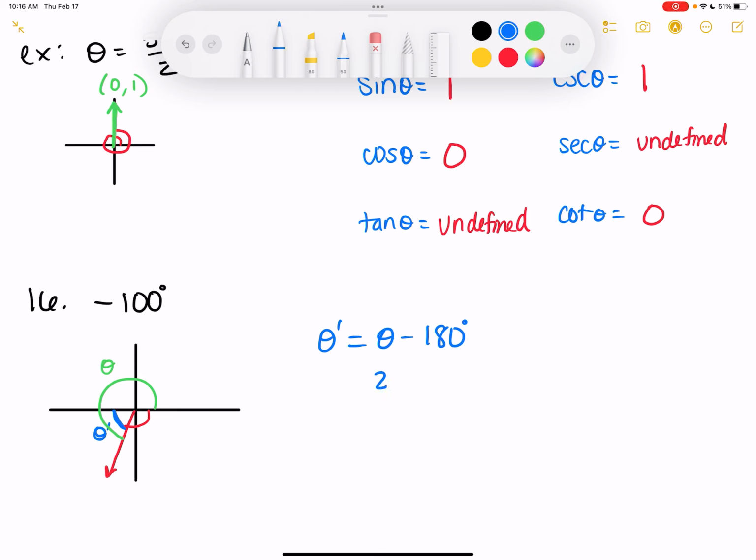So theta is 260 degrees minus the 180 degrees. So what is theta prime? 80 degrees. So this reference angle here, theta prime, is 80 degrees. From the axis to the angle, it's 80 degrees, is what this is telling you.